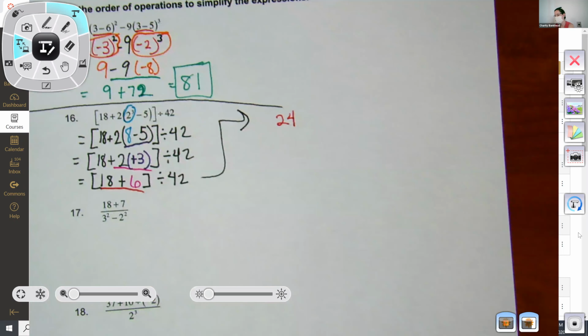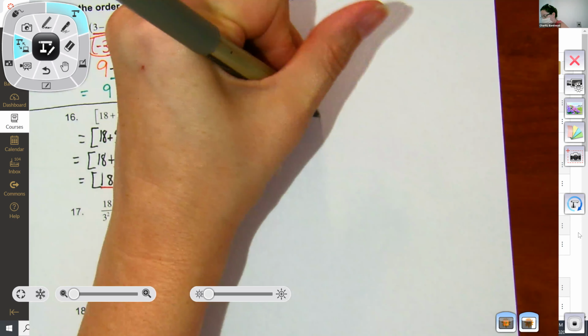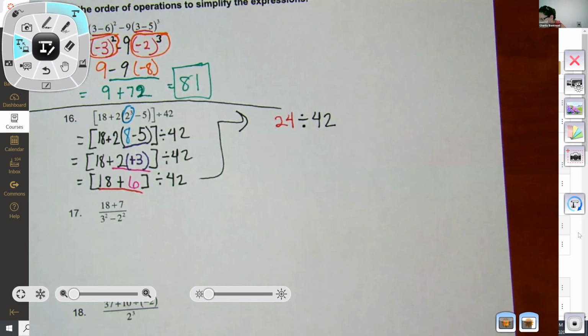Okay, so at this point, I don't think I need the brackets anymore because it would just be brackets around the number 24, which doesn't seem necessary. So it's just 24 divided by 42. Is that right? I think it is. Okay.